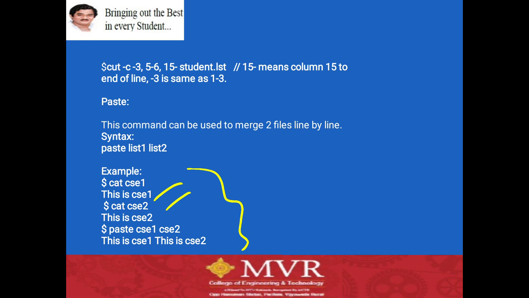So whenever you use the paste command with two files, here I have used paste CSE1 CSE2, those two contents will be combined, merged into a single line. Whatever the contents in file 1 will be displayed first, followed by the contents of file 2. But remember, these two will be merged into a single line, not in separate lines. That is the thing you need to remember, right?